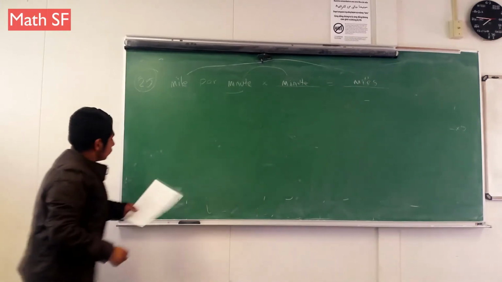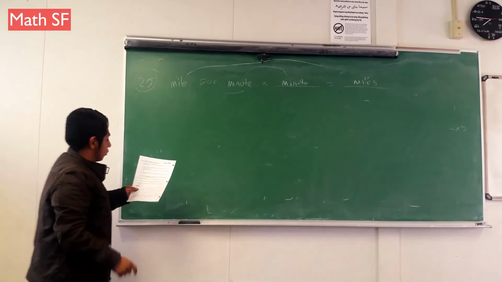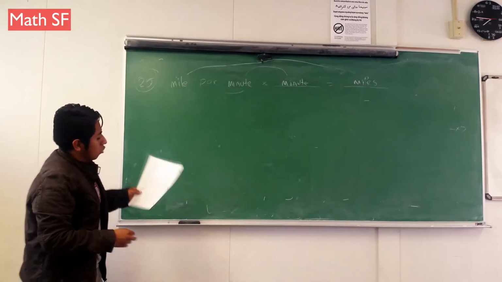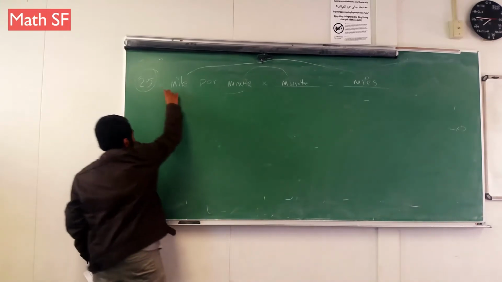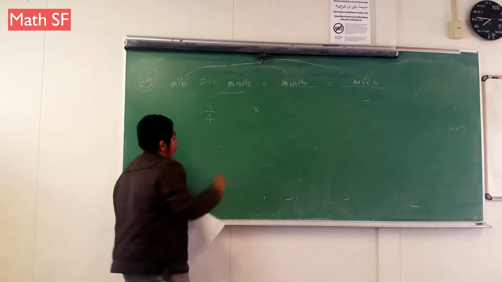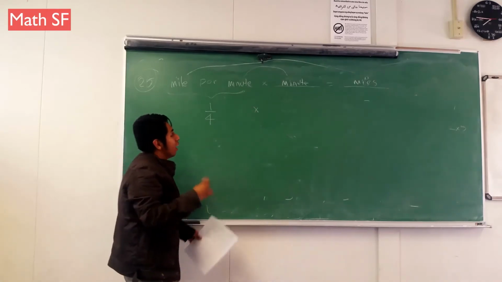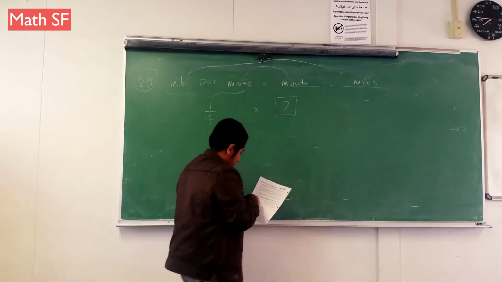So, what is the rate? A sprinter runs 1/4 of a mile per minute. How long does it take to run 20 1/8 of a mile? Let's see what we are given again. We're given the rate. The rate is 1/4 times how long. They say how long, so they're asking for how many minutes it takes.